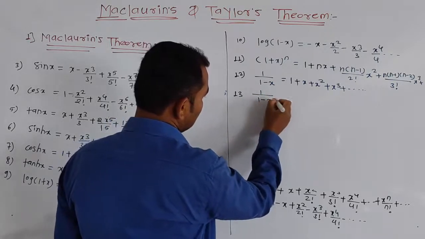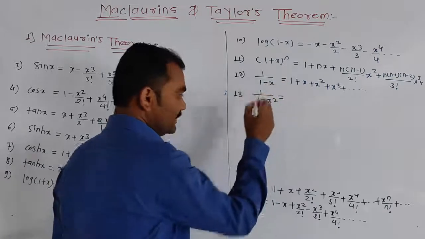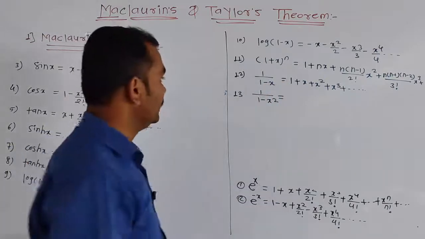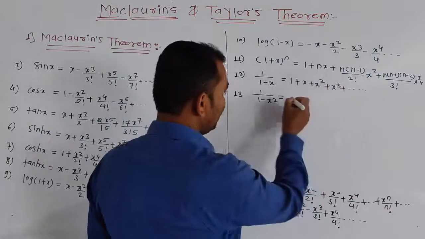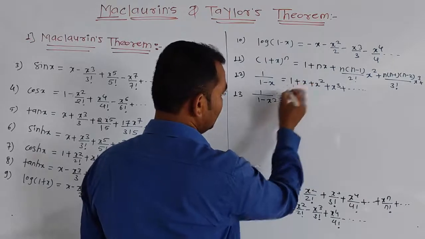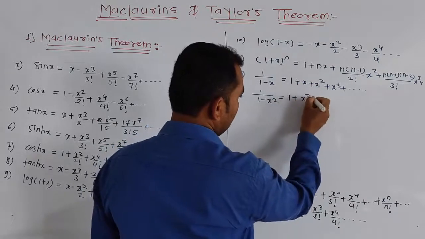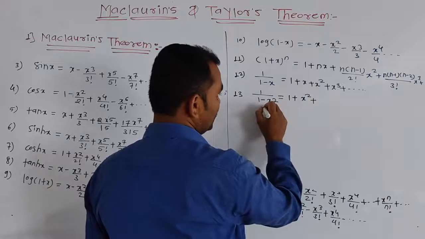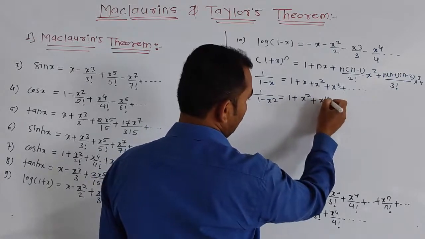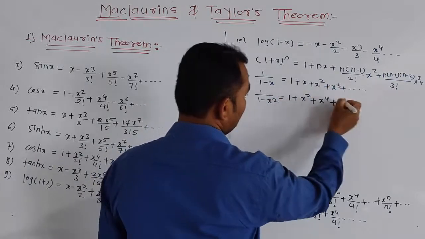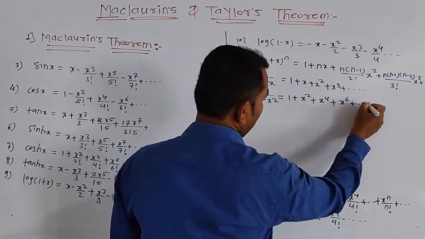Here x is replaced by x square, so we get 1 plus x square plus x raised to 4 plus x raised to 6 plus dot dot dot.